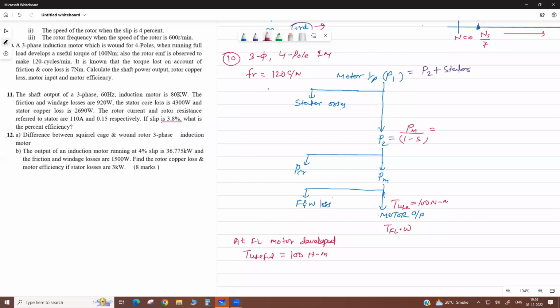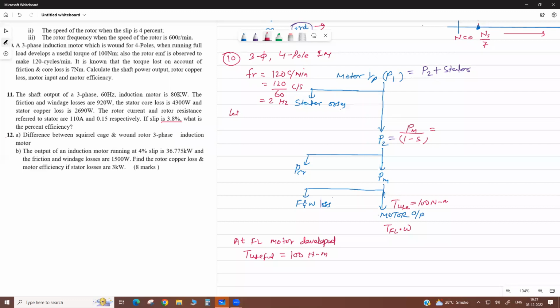Generally we calculate in per second, hertz. So if it is divided by 60, 120 divided by 60, we get cycles per second. So it comes 2 hertz. Correct, no?